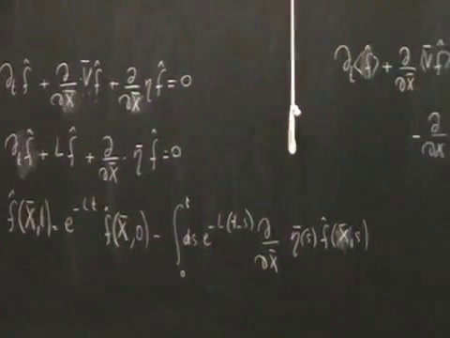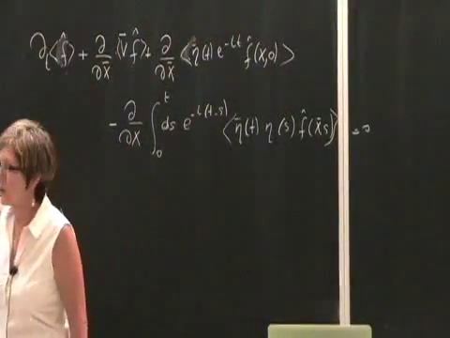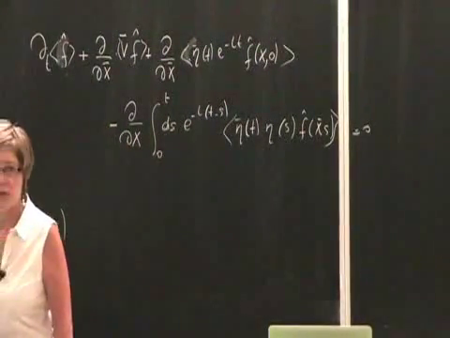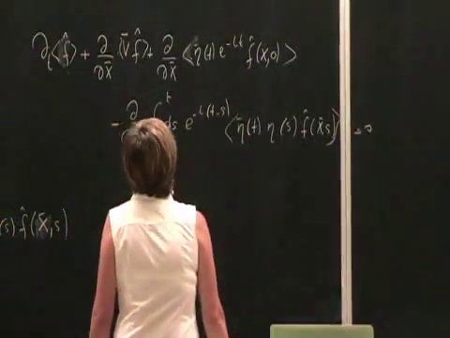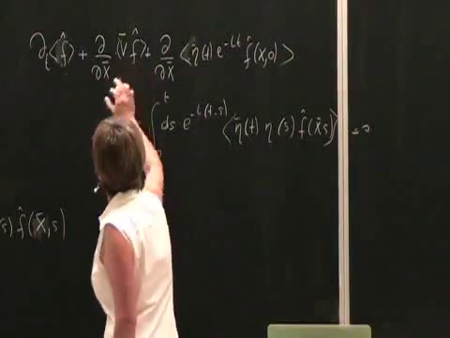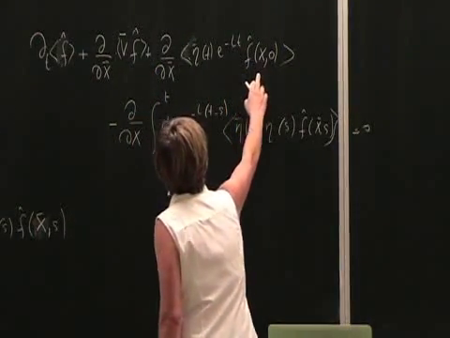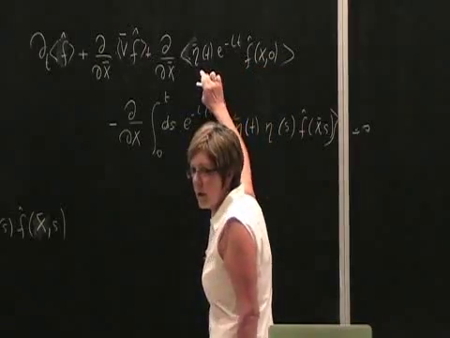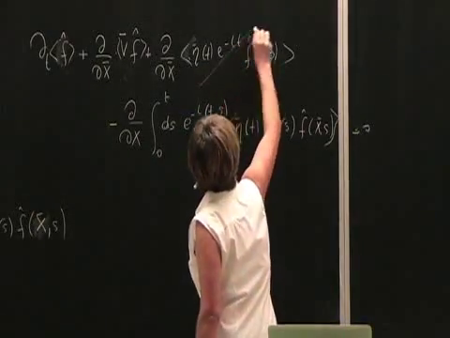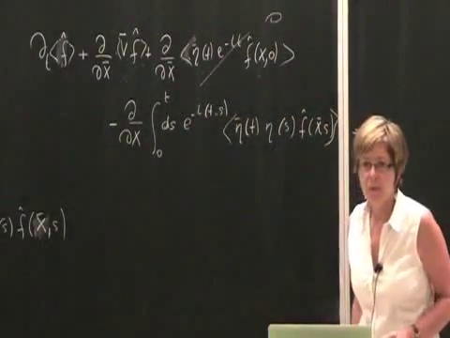So now I want to average, and I do the average here. Well, the average of f hat is what I defined as the noise average distribution. I have to calculate the average of this quantity over here. And I am going to assume that the initial condition doesn't depend on the noise, so this term goes to 0. And the tricky part is to average this term.